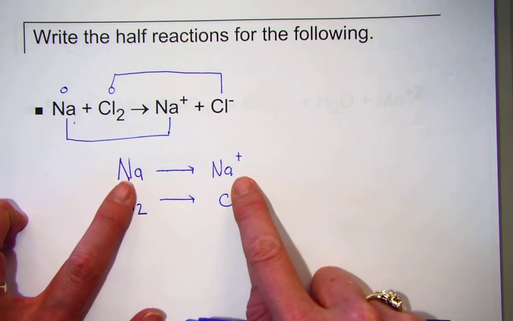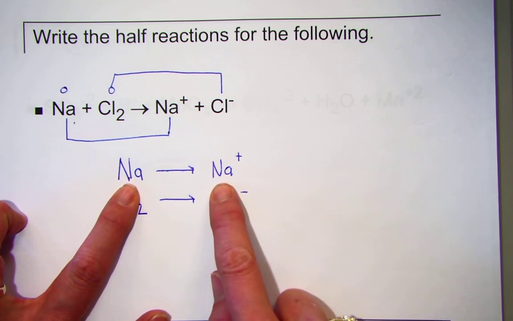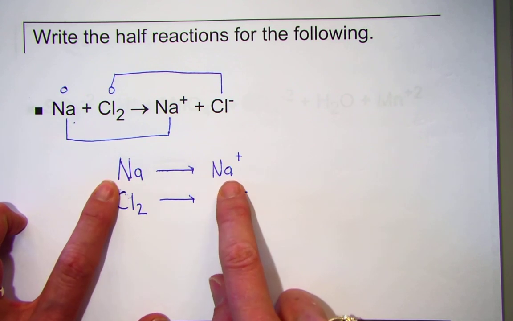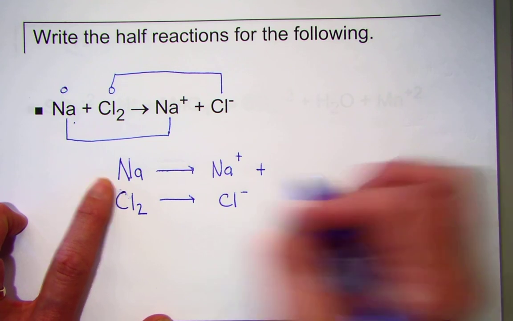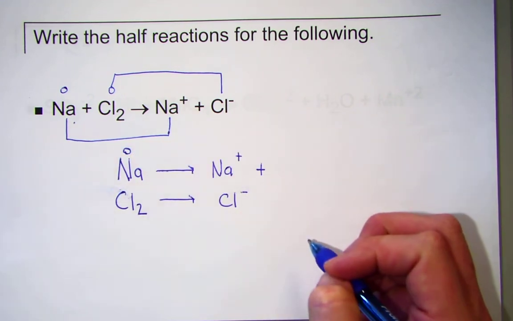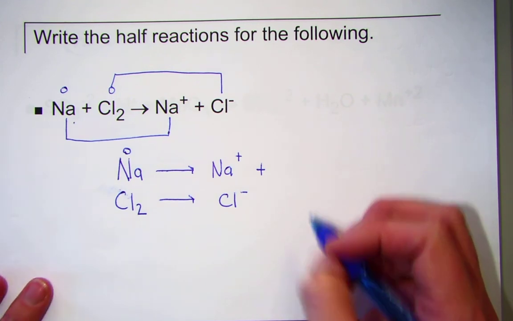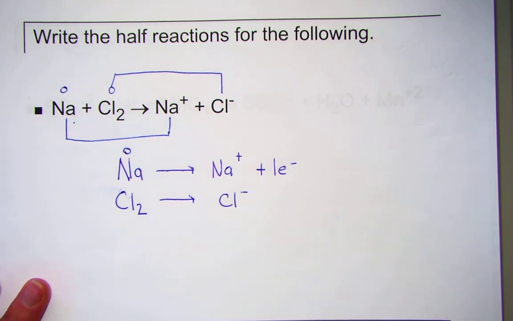When I think about up here, sodium going to sodium ion, the number of sodiums are the same. The number of Na is 1, and over here I have a 1. But to make them electrically balanced, if this is a 0 and it's going to a +1, when I add electrons, remember that makes it become more negative. To bring this positive side down, I can see that this lost 1 electron.